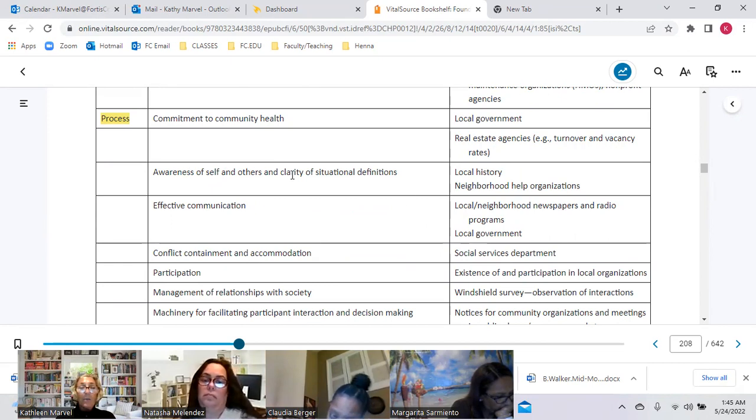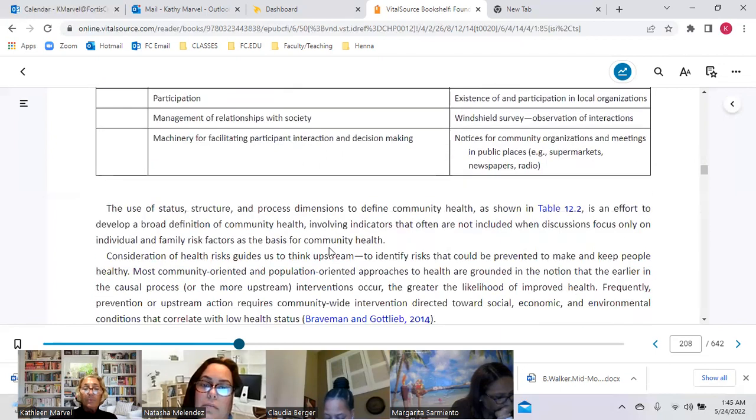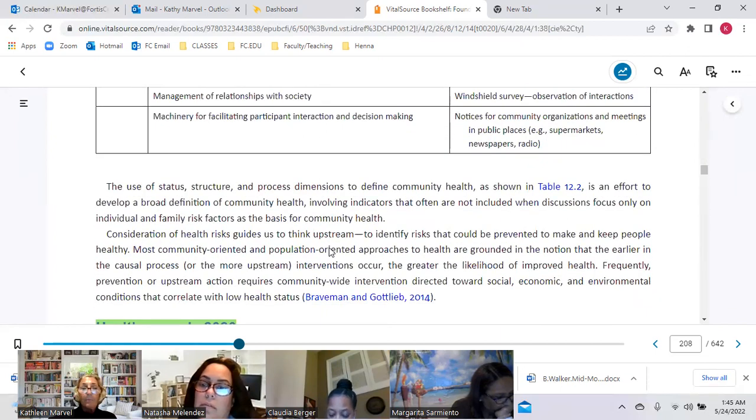Awareness of self and others, effective communication, conflict containment, participation, relationships. Okay. So the status, structure, and process define community health. Three important parts to define community health.